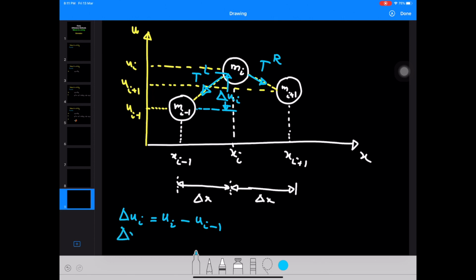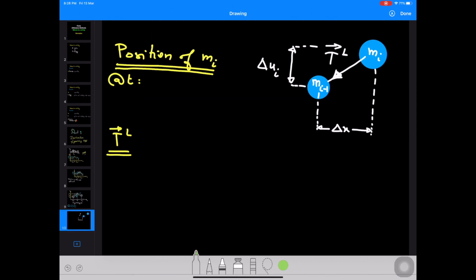And we have also delta x is xi minus xi minus 1. So if we denote by theta this angle between the tensile force vector and the horizontal distance between the two masses mi minus 1 and mi, then we can calculate sine theta and cosine theta.